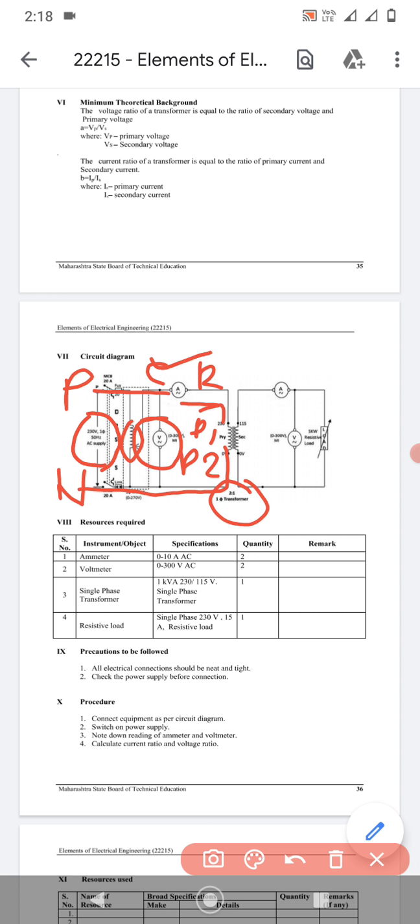So the common terminal of this voltmeter is connected to the phase terminal of the auto transformer, and the range terminal of this voltmeter is connected to the neutral terminal. Okay, thus our primary side connection is done.